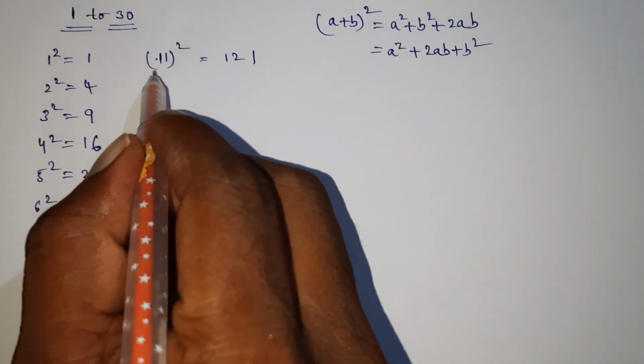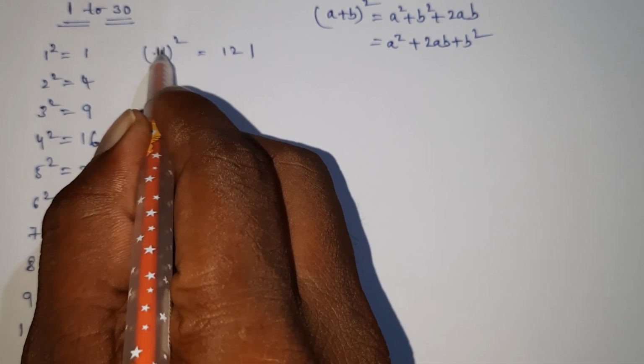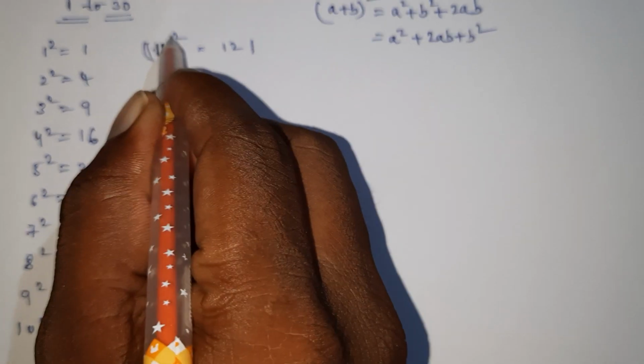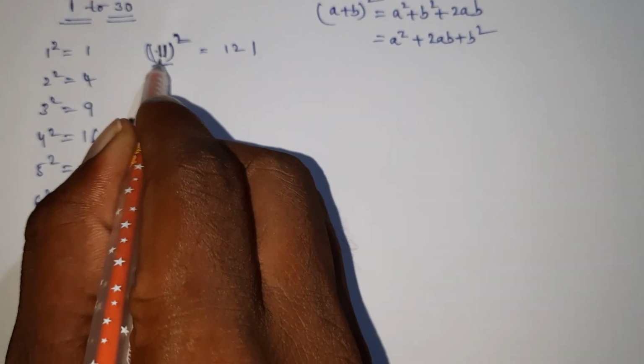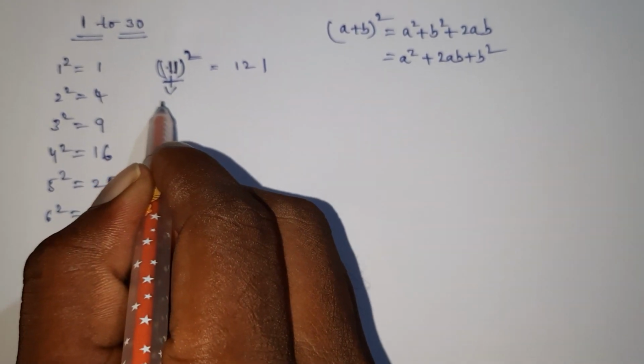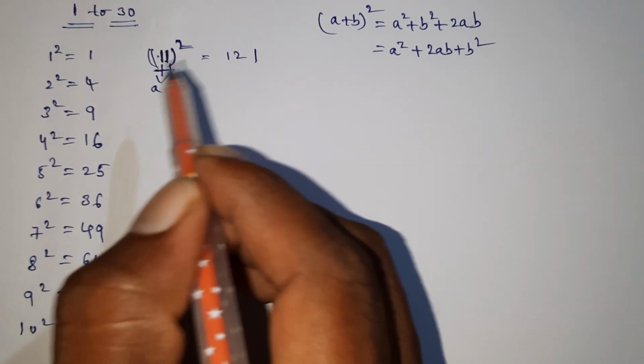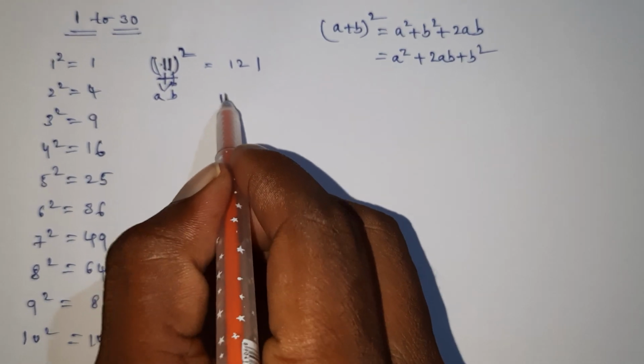Okay, so if you imagine, you want to find 11 square. In the place of a imagine 1, and this is b. So a square means 1 square.